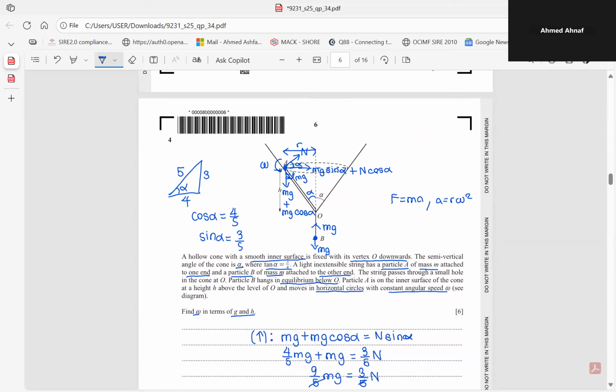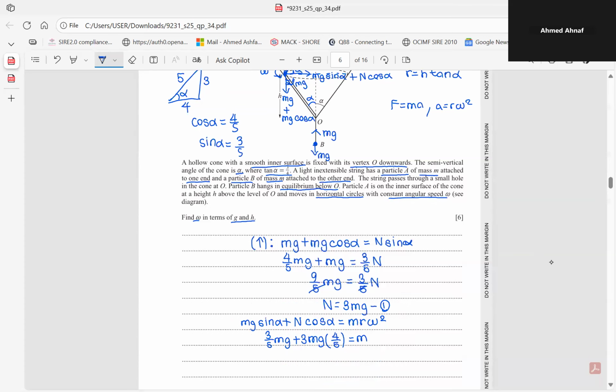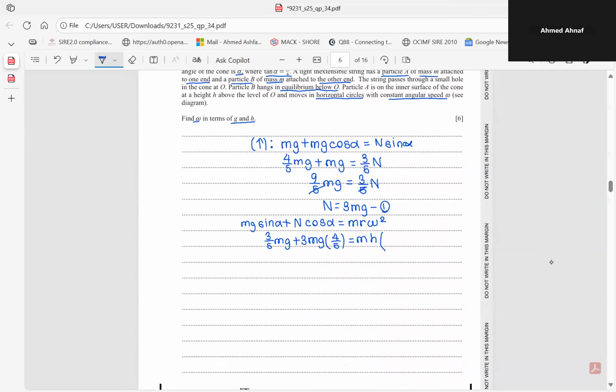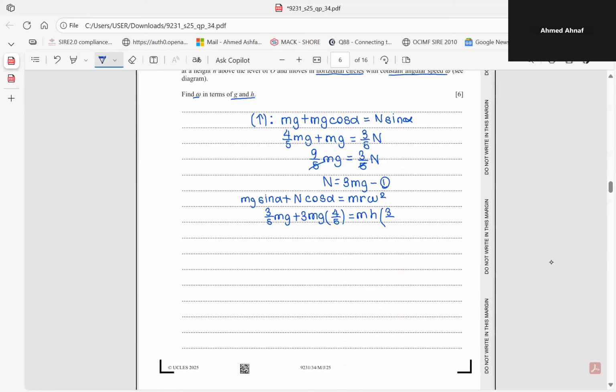Using basic trig, since we know what h is, tangent alpha is the opposite side, which is r, over the adjacent side, which is h. So r would just be h tangent alpha. And h tangent alpha, they already gave us, is 3 over 4, times omega squared.